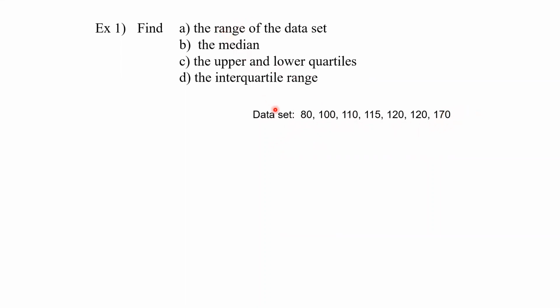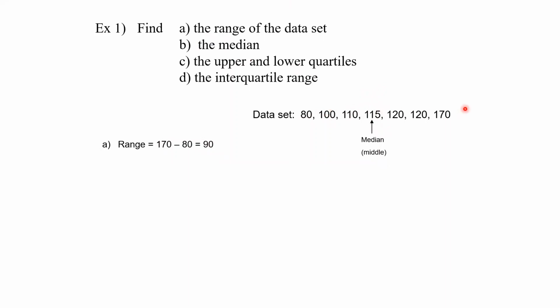The first thing is to get the range, which is subtracting the minimum value, which is 80, from the maximum value. The difference gives us 90. The second thing is the median, which is the middlemost value.